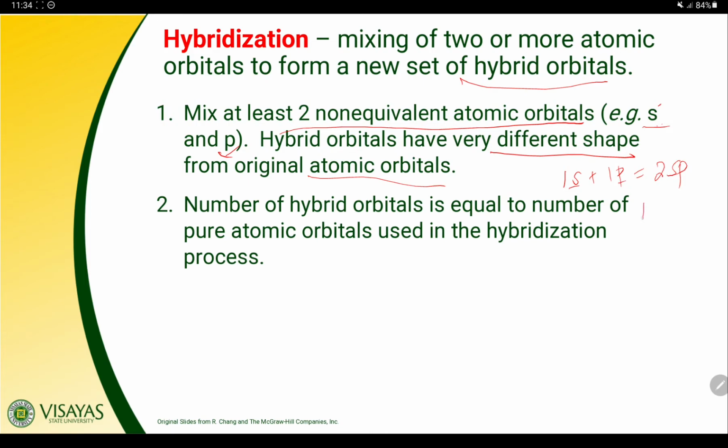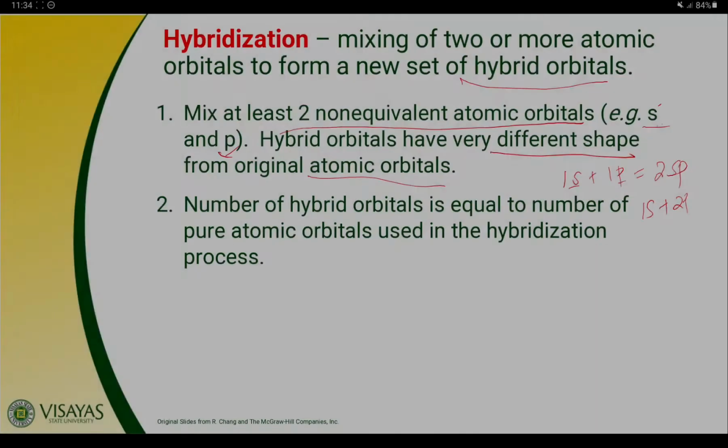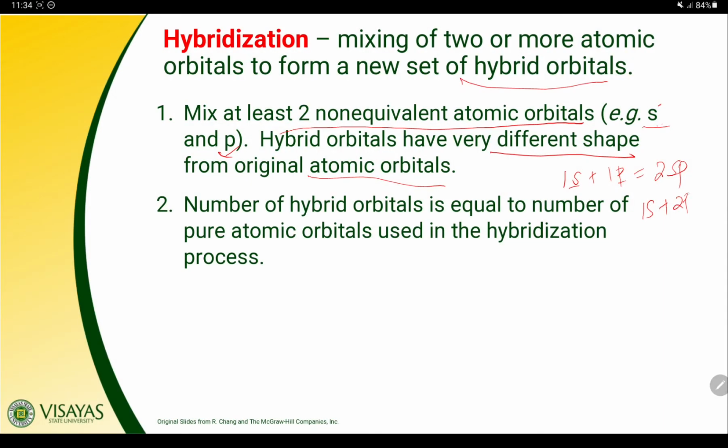If we mix 1s and 2p, for example, the number of hybrid orbitals formed would be 3, since 1 plus 2 is 3. So we have sp2 because we have 1s and 2p. The 2 here becomes the superscript of p.